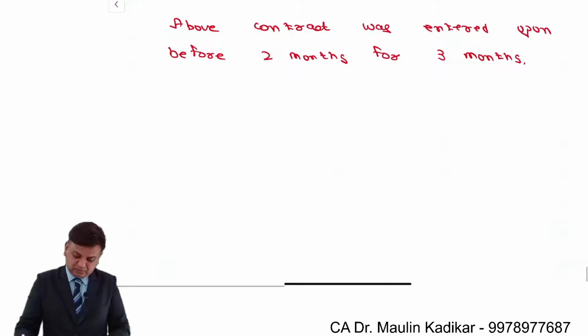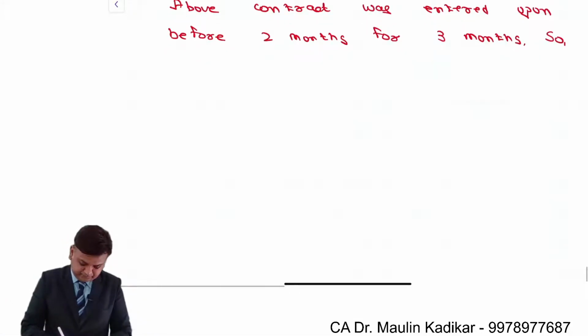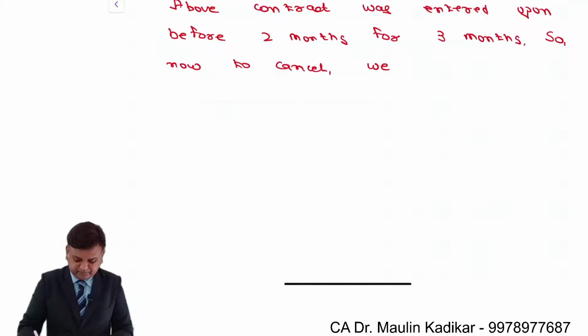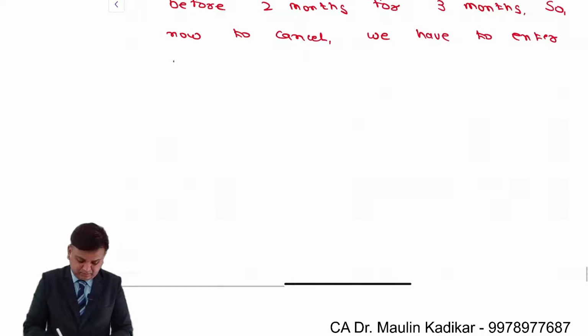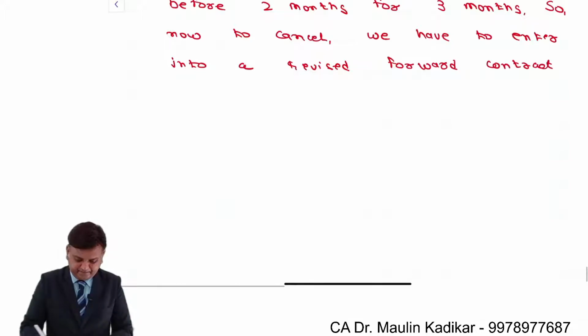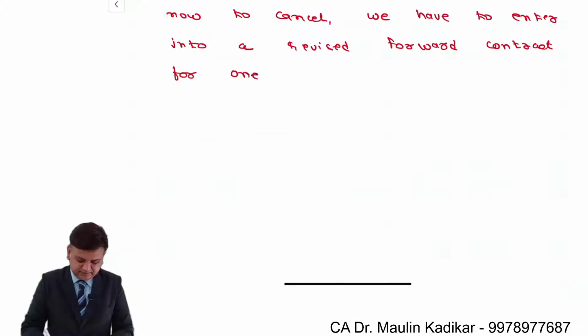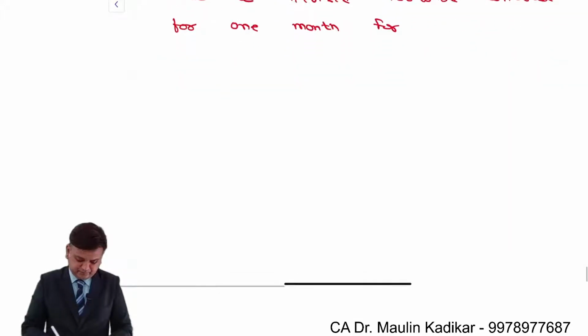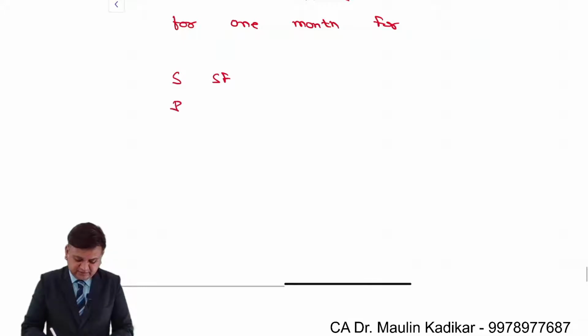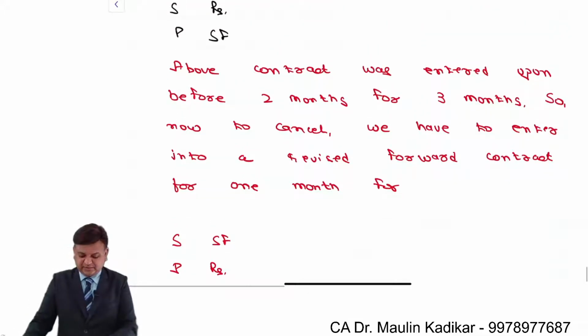So now to cancel it, we have to enter into a revised forward contract for 1 month for sale of Swiss franc and purchase of rupees.